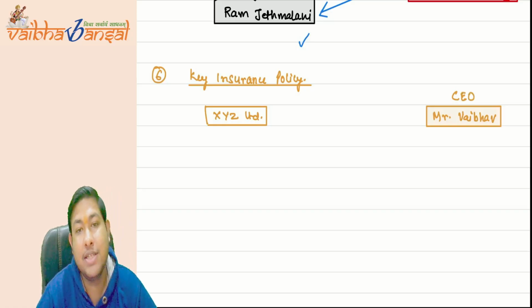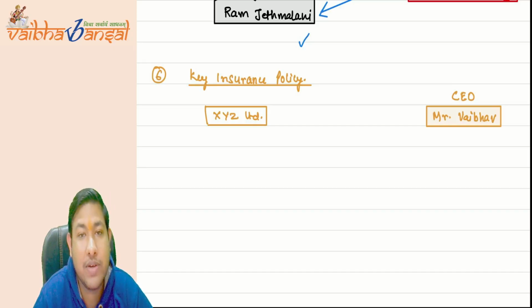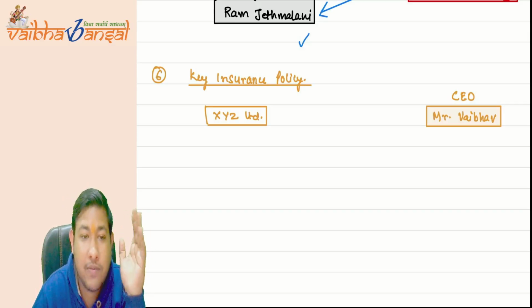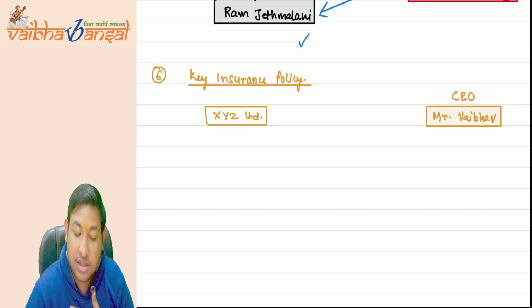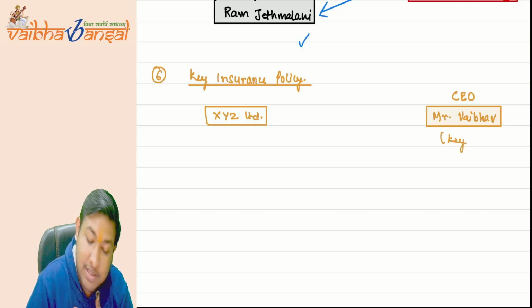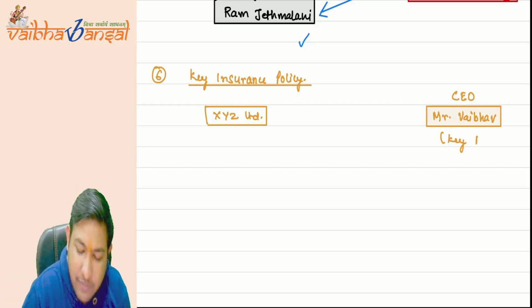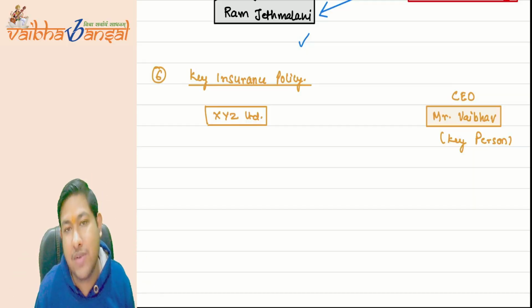He is a key influential person of the company, such that if Mr. Weber leaves, the company is going to suffer a lot. So Mr. Weber is the key person, a key managerial person, KMP in the long term, but I am saying key person.